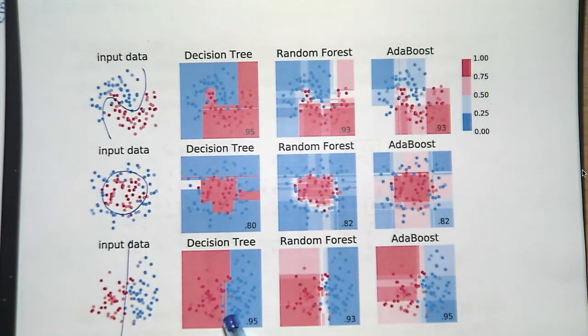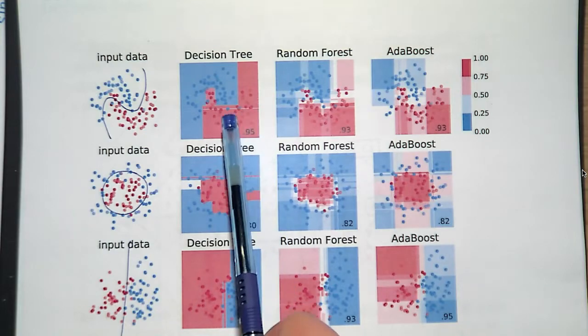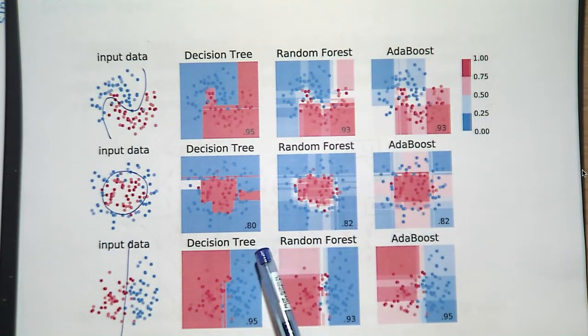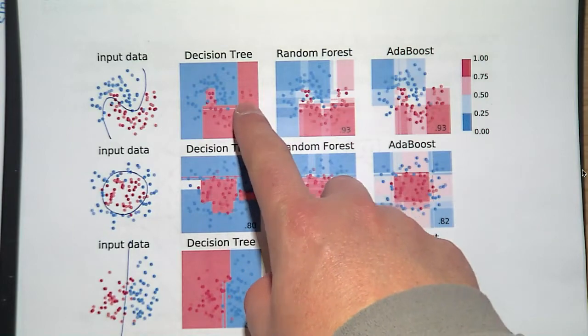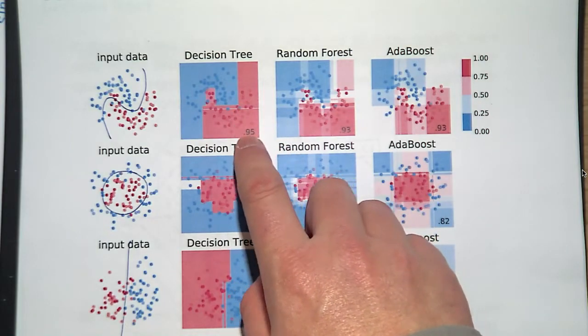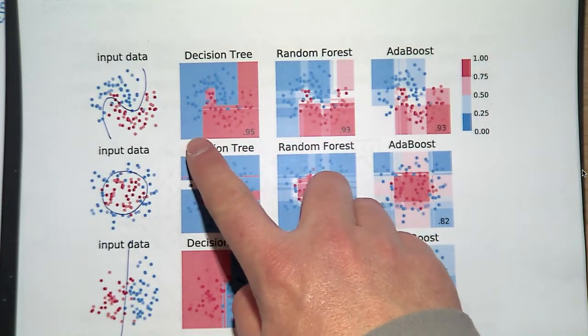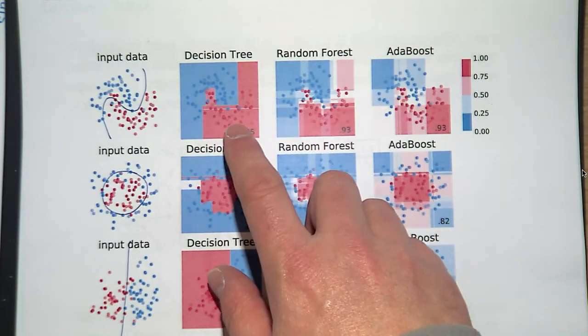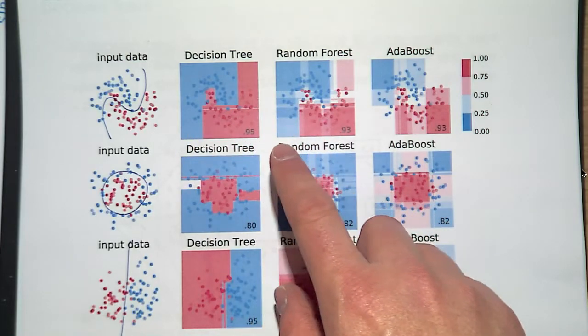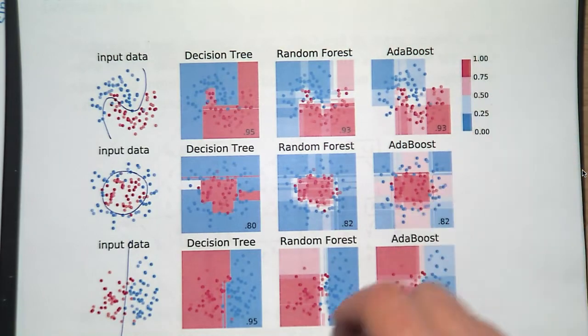The first column has 3 types of algorithm, and they're all decision trees, really. The first one is just one tree. That's why there are just 2 shades of blue: either you're 100% certain in each case, at least that's what the algorithm says.